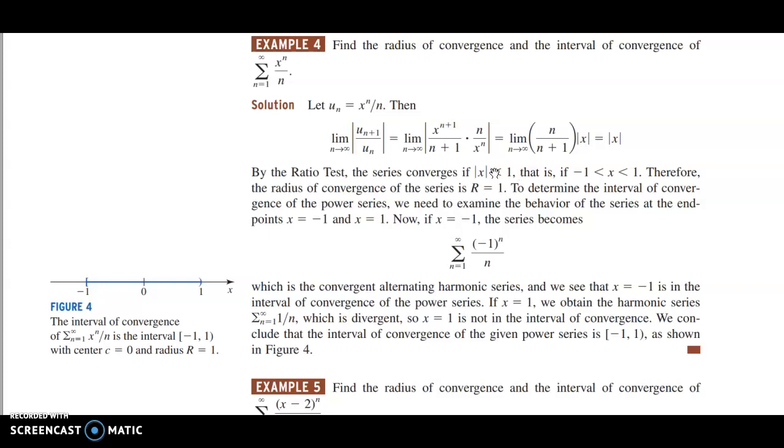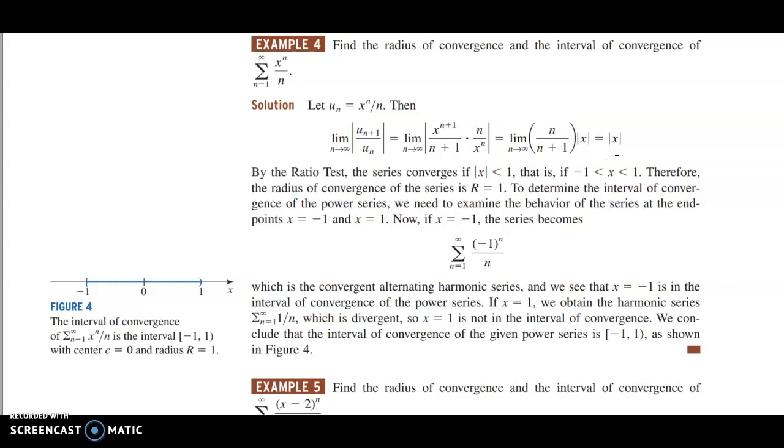After substituting and some rearrangements, we get the limit as n tends to infinity of n divided by n plus 1 into mod x. Letting n tend to infinity, we get the answer mod x.